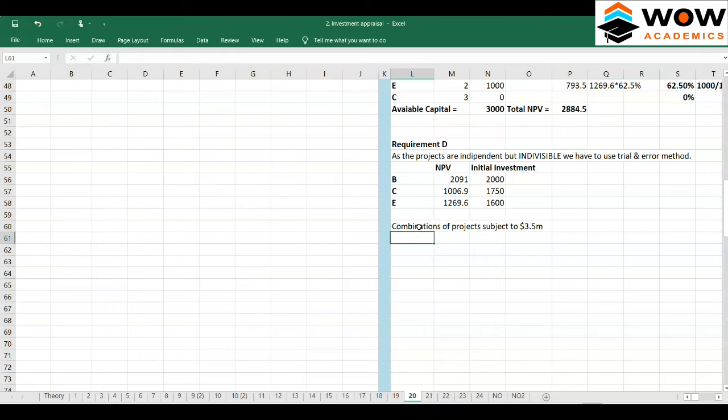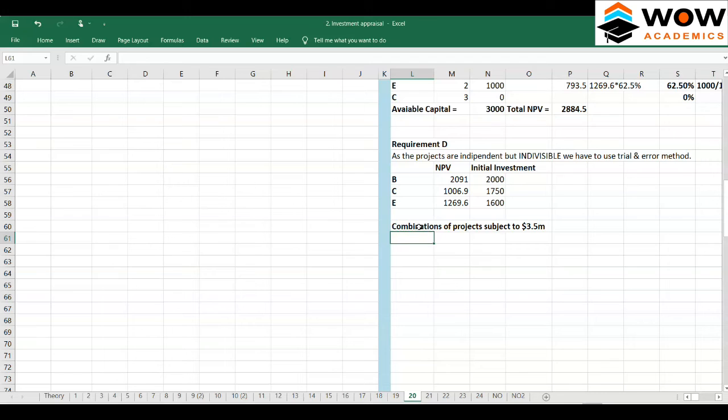So we'll try to find out the combination of projects. See, the combinations are, you can either take it 100% or no. That's how it works. Trial and error refers to either 100%, sorry, indivisible means 100% or no.